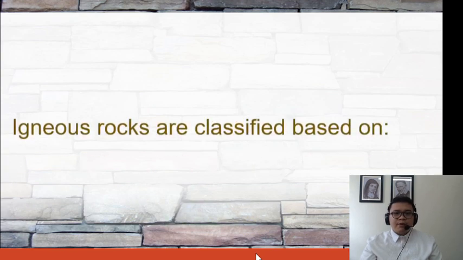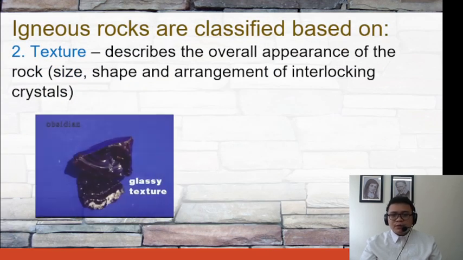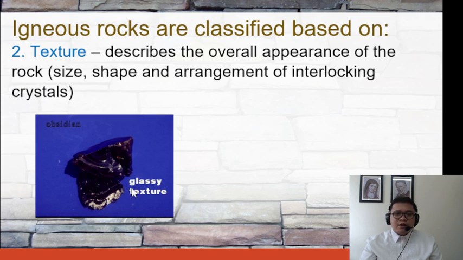So let's move on to another classification. As you can see here, glassy texture can also be included, like for example obsidian. Since obsidian rocks have a very glassy texture, during the Old Stone Age they were usually used for creating weapons.